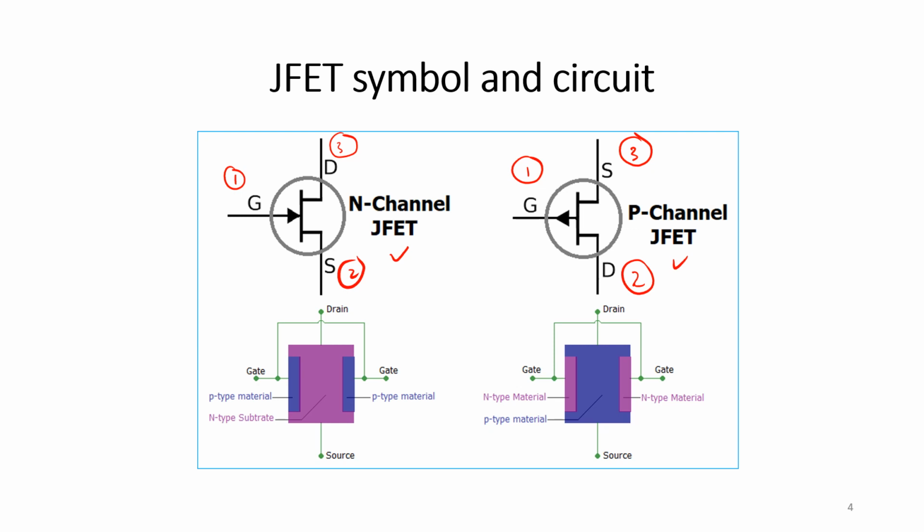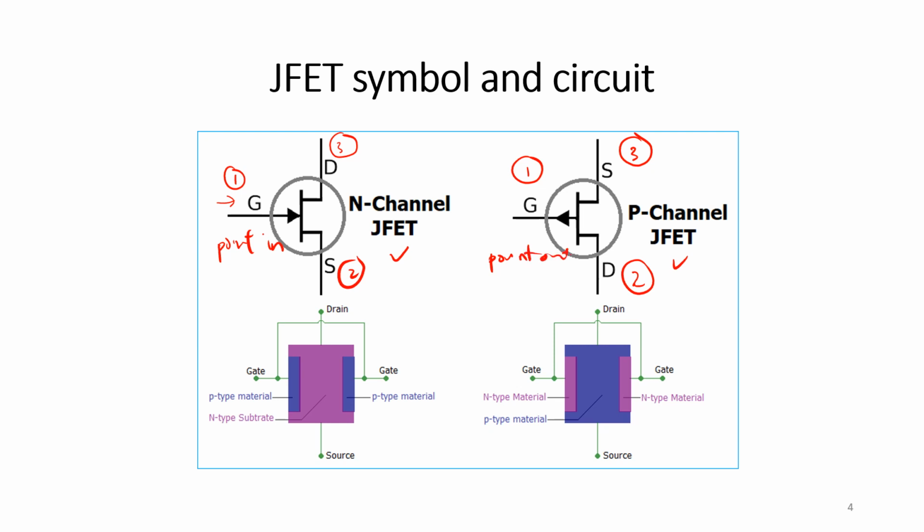The difference between the N-channel JFET and P-channel JFET is not only the position of source and drain, but also the arrow at the gate terminal. For the N-channel JFET, the gate terminal has an arrow pointing in, while for the P-channel JFET, it has an arrow pointing out.